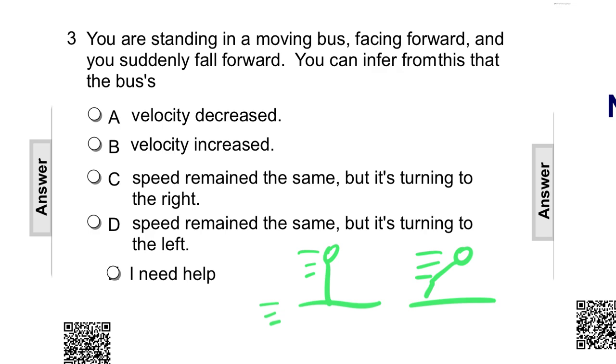Because the bus stops suddenly and you're going to fall forward because you're an object in motion. And the force that's holding your feet to the ground isn't enough to keep you glued to the bus floor. So your body's going to continue moving with constant speed forward. So you can assume that the bus suddenly stopped.